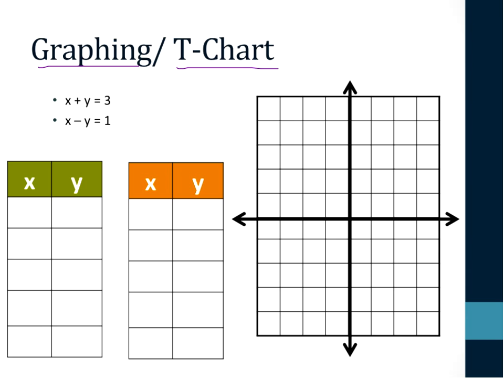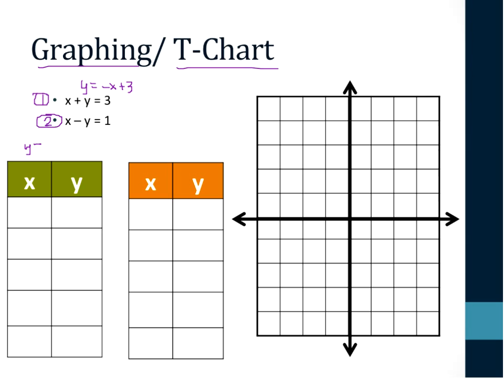And we'll say that the green t-chart will be number one, and the yellow t-chart will be for the second equation. So for the first equation, I like to solve these for y equals mx plus b. So y equals a negative x plus 3.